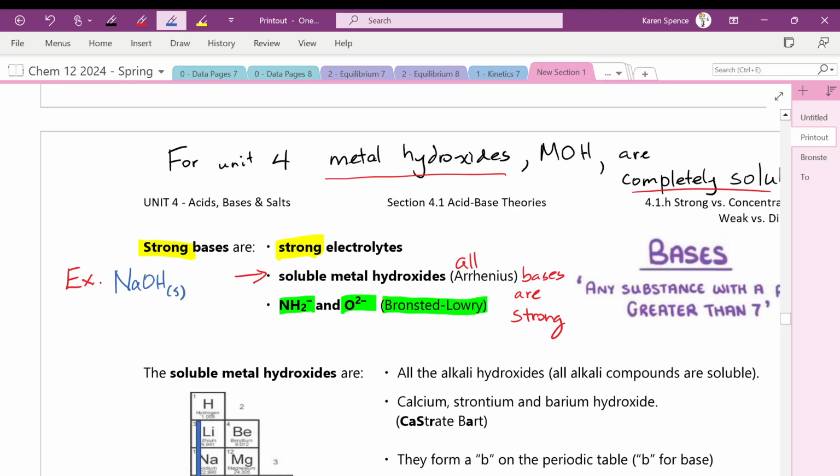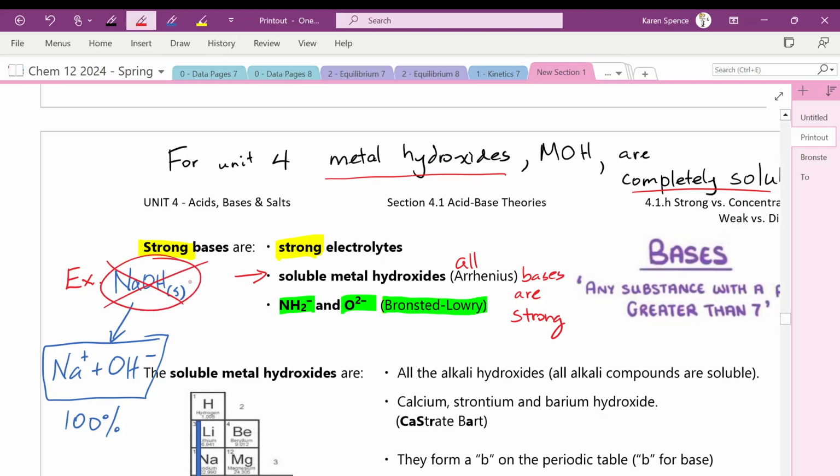NaOH dissociates into Na⁺ and OH⁻, and you end up with 100% dissociation. So it dissociates completely. It is a strong electrolyte. Therefore, strong acid is a strong electrolyte. Strong base is a strong electrolyte.